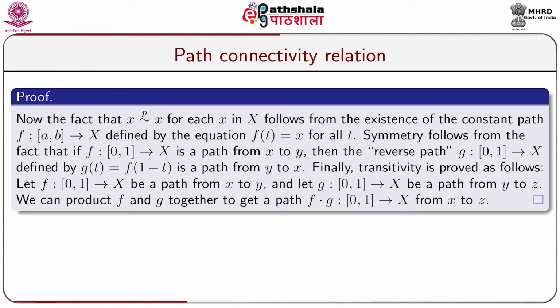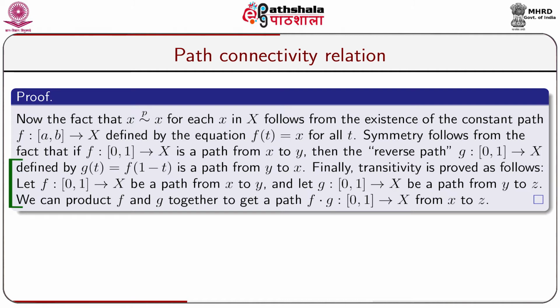Now, if we define g from [0,1] to X by the rule g(t) = f(1 minus t), then g starts at y and ends at x. That means y is related to x by the path connectivity relation, hence x and y related implies y and x are also related. That means the relation is symmetric.